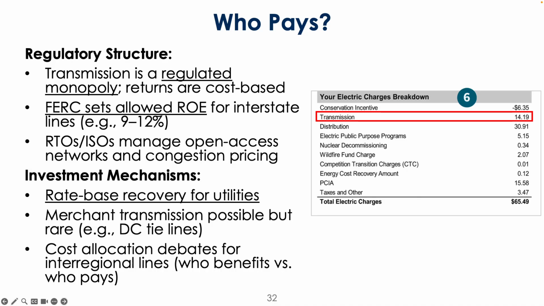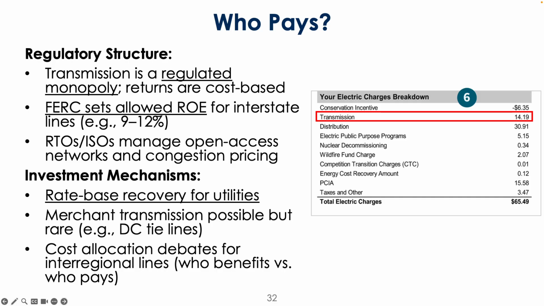But yeah, transmission returns are cost-based. So your return on investment for interstate lines might be something on the order of like 10% or so. And we'll talk a little bit more about the mechanics of this later. But generally speaking, it's a rate-based recovery for utilities.